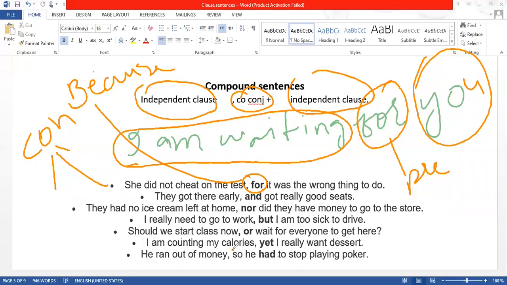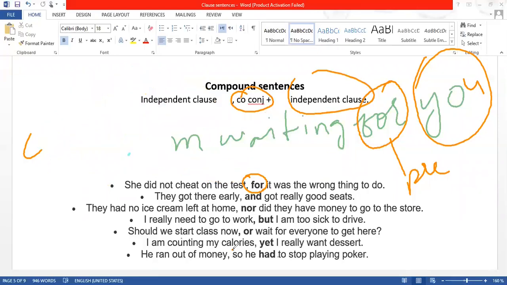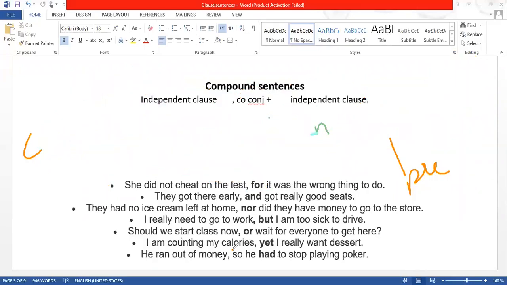This nor is a little bit different. Most students do not understand this one. If you see this nor sentence, you see it, right? Hello? Yes, sir, we can see it. Yes, now see this third one. He had no ice cream left at home, nor did he have money to go to the store.